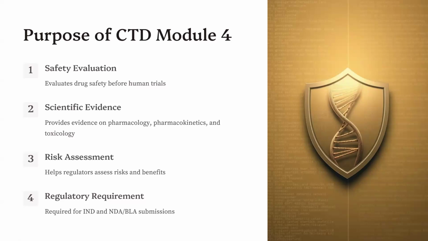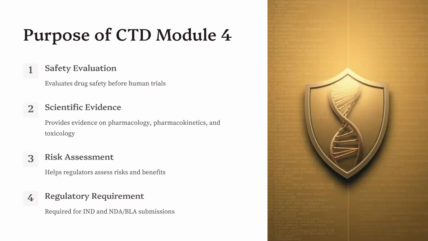Second is your scientific evidence, which provides evidence on three major topics: pharmacology, kinetics, and toxicology of the drug product. Then risk assessment, which helps the regulator assess the risks and benefits of the drug product. And lastly is the regulatory requirement, which is required for investigational new drug, new drug application, or biologics license application submission.